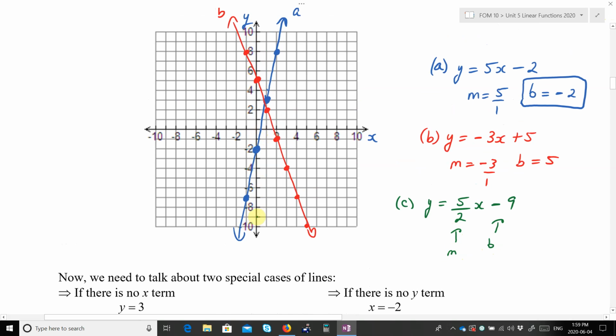So you just go and find negative 9 on the y-axis, and then from there we are going to go up 5, 2 to the right, 1, 2, 3, 4, 5, 2 to the right. All right, and there's graph C.